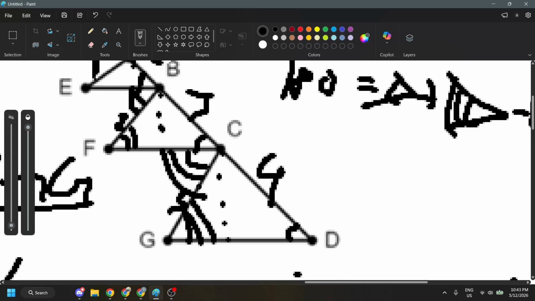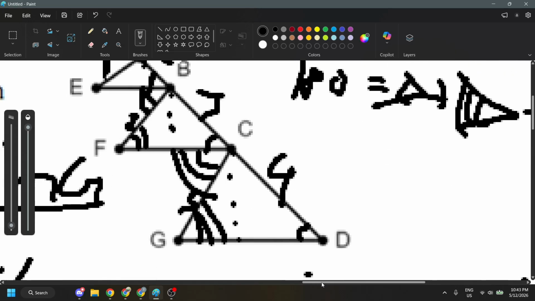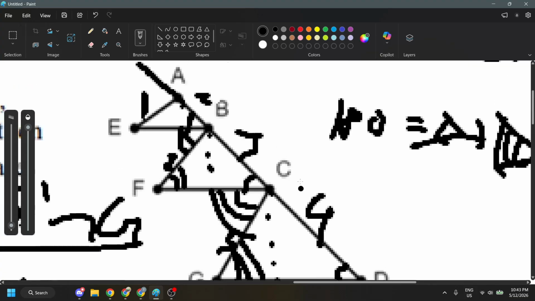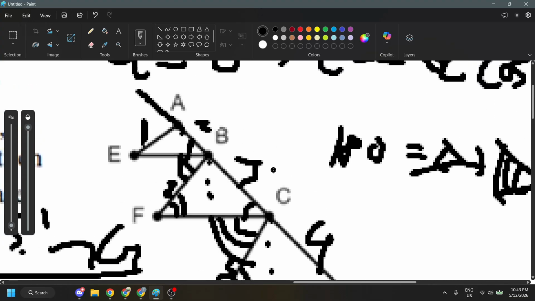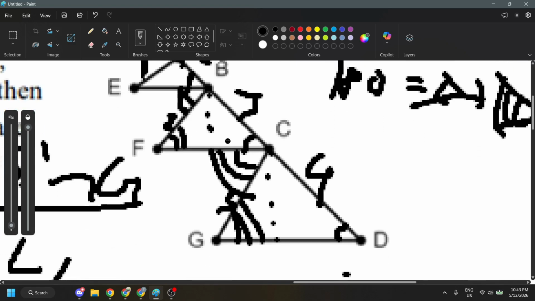If we look at this one, we don't know the base, but we know the angle here is the same. How do we get the angle here, or the sine or cosine value?